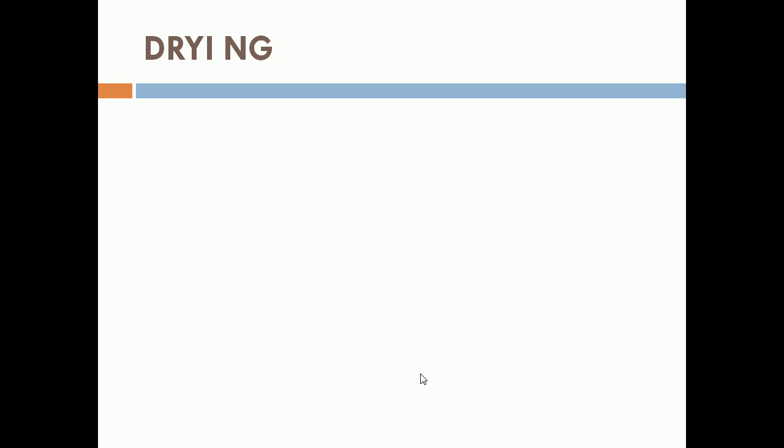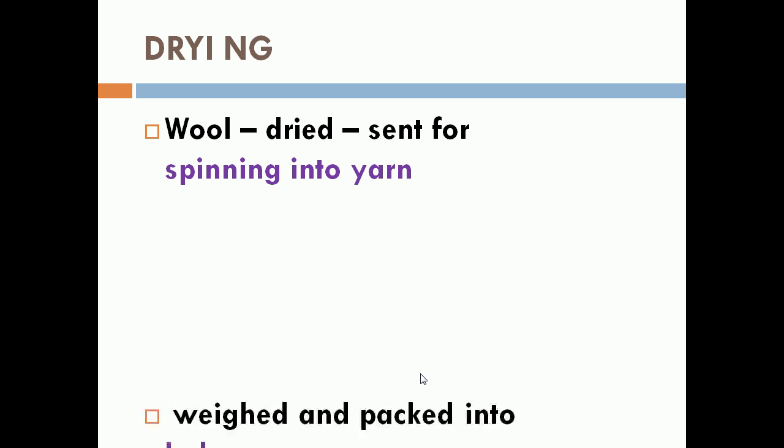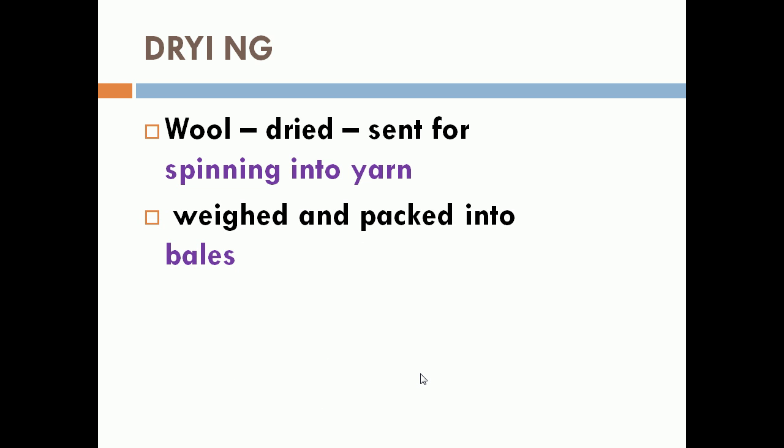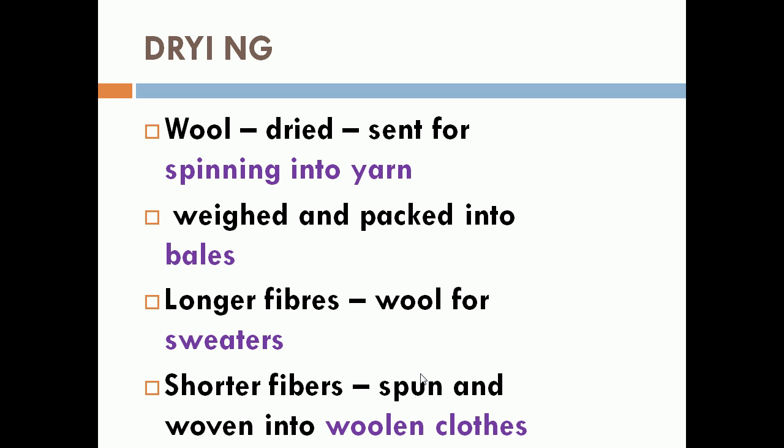Now the last step of wool production is drying. After dyeing the wool, we have to dry it. The wool is dried and sent for spinning into yarn. It is then weighed and packed into bales. Longer fibers are made into wool for sweaters. Shorter fibers are spun and woven into woolen cloths.